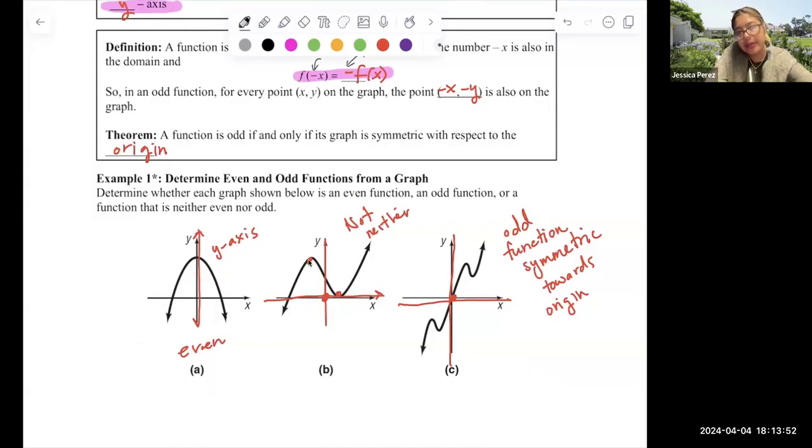This is a positive and this is a negative. So this is not symmetry. And then the last one is symmetric towards the origin because it's symmetric towards the x and the y. Any questions on example 1? Just by visualizing whether something's even or odd or neither.